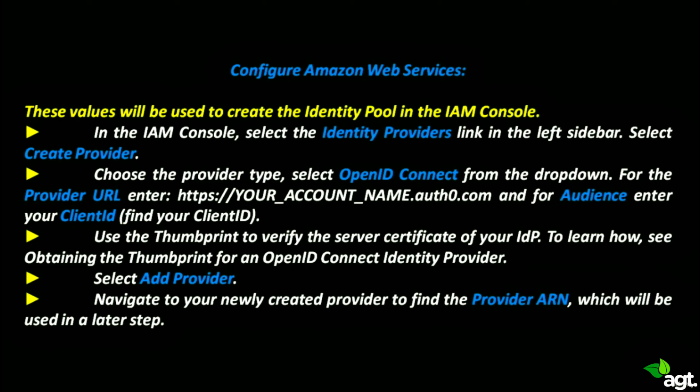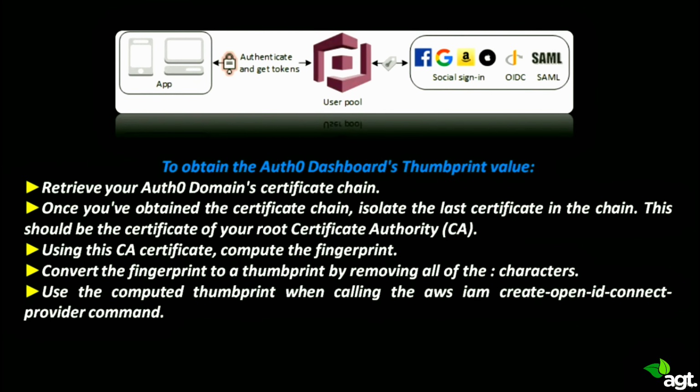To learn how, check out obtaining the thumbprint for an OpenID Connect identity provider on the website, and select Add Provider and navigate to your newly created provider to find the provider ARN, which will be used in a later step. It's not necessary to set up an IAM role after creating the identity provider. If you don't have one already, Cognito will create a default IAM role in the next step.